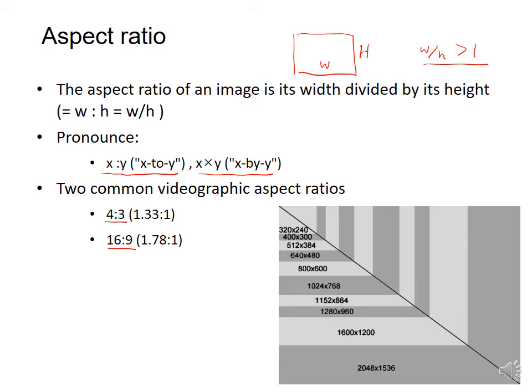The two common videographic aspect ratios are 4:3 or 16:9. This is an example of a 4 by 3 aspect ratio: 640 by 480 or 1024 by 768.